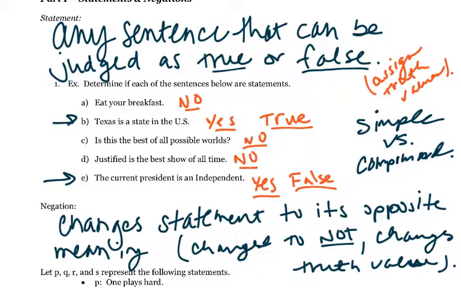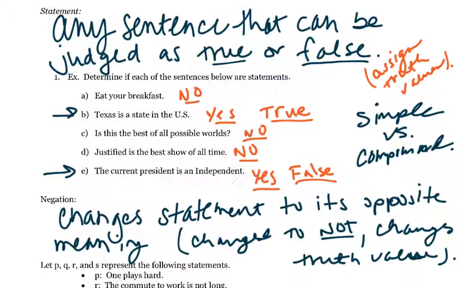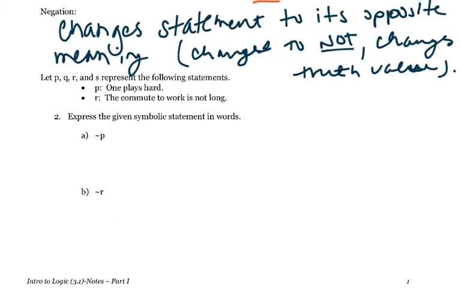Okay, so let's go back to looking at these negations. So we're looking at changing statements to its opposite meaning, changing to not, it changes the truth value. We're going to let these symbols, P, Q, R, and S, represent the following statements. Well, we only need two of them because there's only two statements.